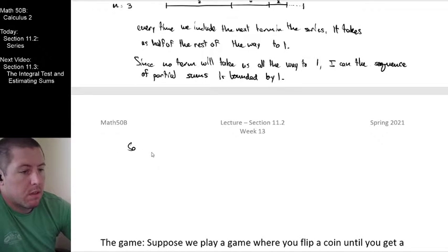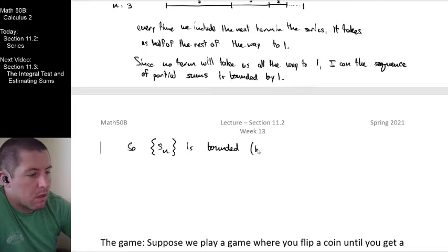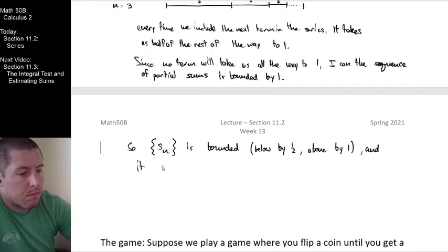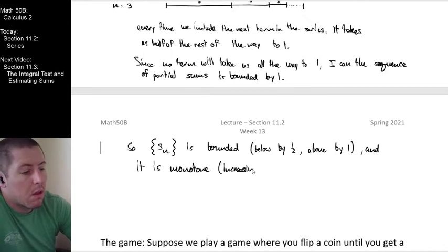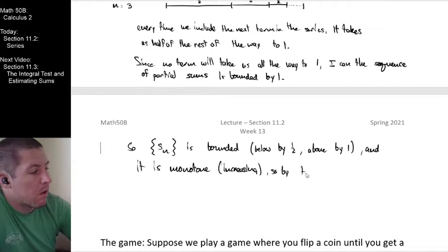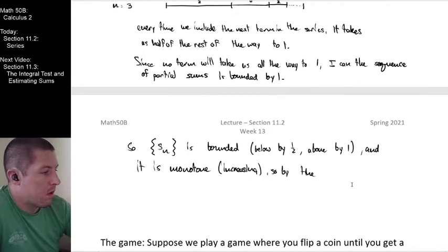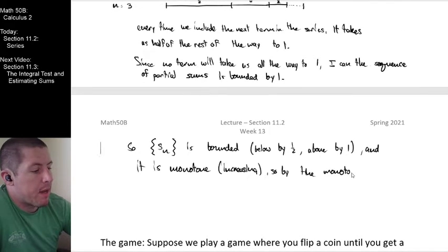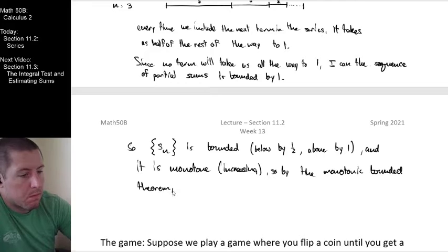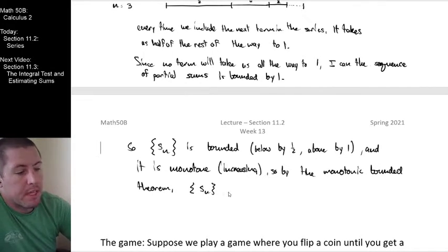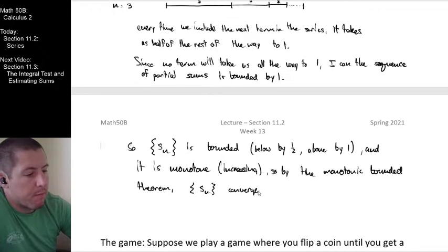So by the monotonic bounded theorem, it must be the case that our partial sum sequence is going to converge. Our sequence of partial sums.